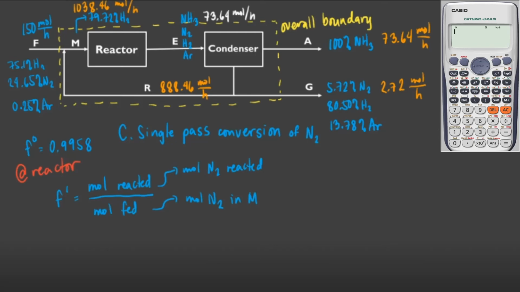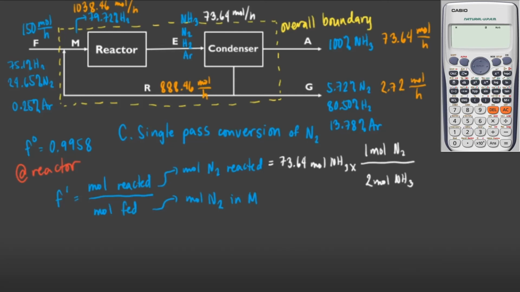And the number of moles of ammonia being produced can be related to the number of moles of nitrogen being reacted. Of course, that is the case because nitrogen is the limiting reactant. We only need to perform stoichiometry to determine the number of moles of nitrogen reacted in the reactor. That is equal to 73.64 moles of ammonia generated, and for every 2 moles of ammonia generated, there is 1 mole of nitrogen gas consumed.